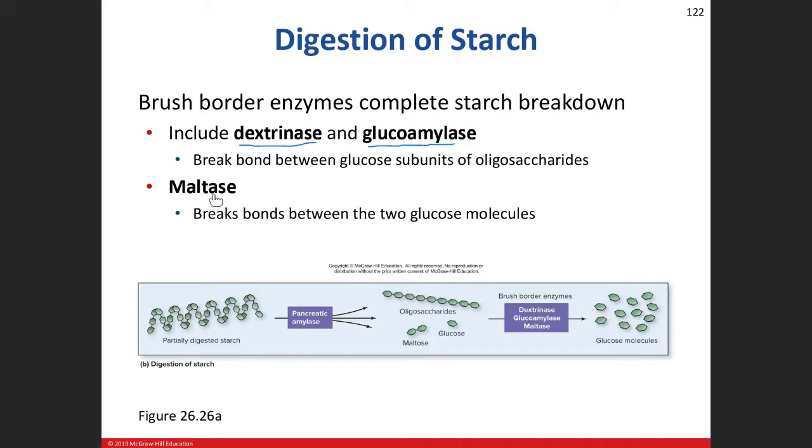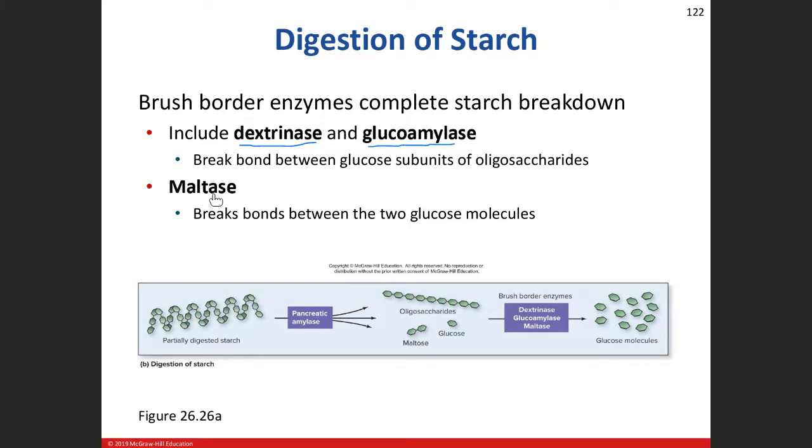Then we've got maltase. This is nice because they make it a little bit easy on you. Some of the names of these enzymes will tell you what molecule they're going to work on. Has anyone here ever heard of lactose intolerance? Lactose is the sugar in milk. So we have an enzyme called lactase, excuse me, lactase. That's the enzyme that breaks lactose, which is a disaccharide, and lactose is made up of glucose and galactose.